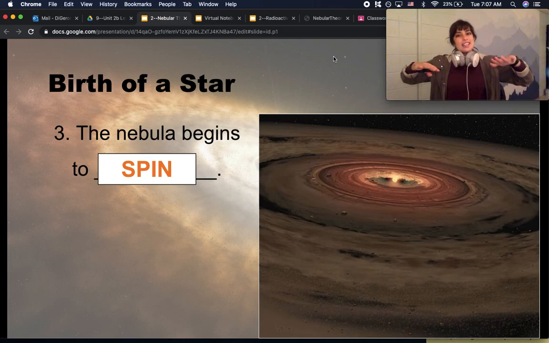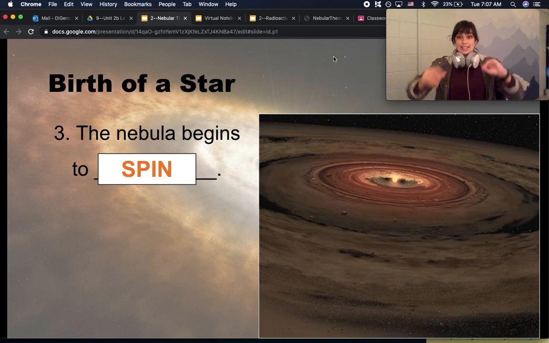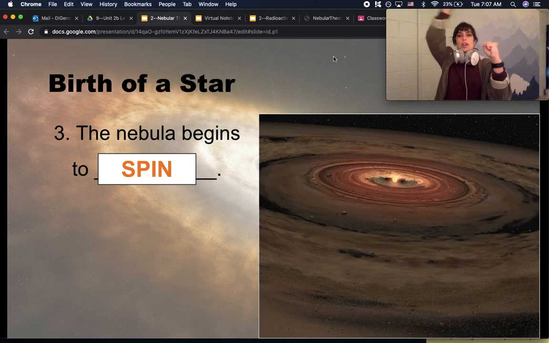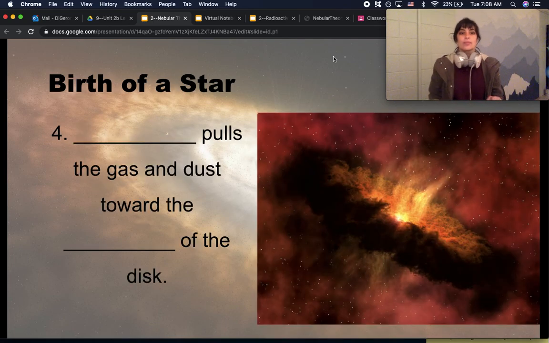And it spins in sort of a flat disc, like you see in the picture. This makes sense if you think about the planets, because the planets rotating around the sun are sort of in a flat disc. If my fist is the sun, the planets aren't going all around every which way. They're all orbiting the sun in one disc.